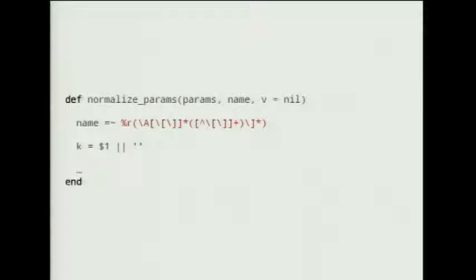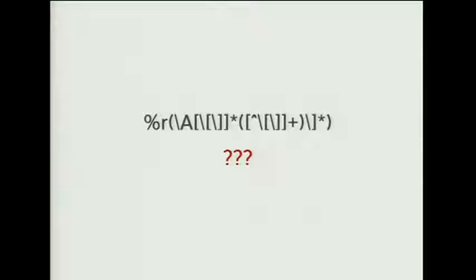So what does normalize params do? Again, one of those beautiful regular expressions. What it does is it just flattens, if you have nested empty bracket parameters, it will flatten them down to a single pair of brackets. And that's why it's normalizing the data.